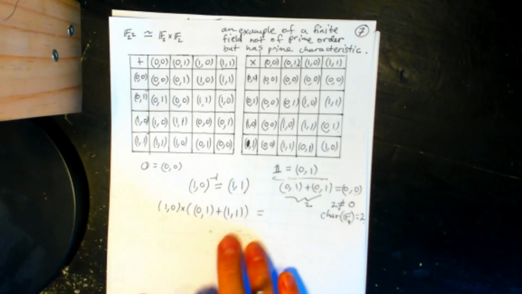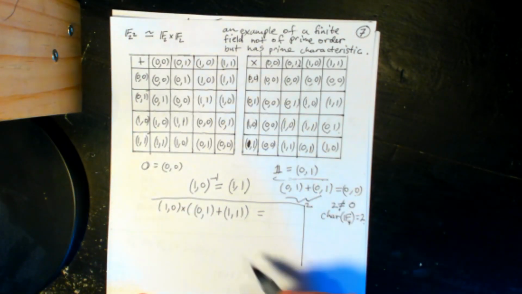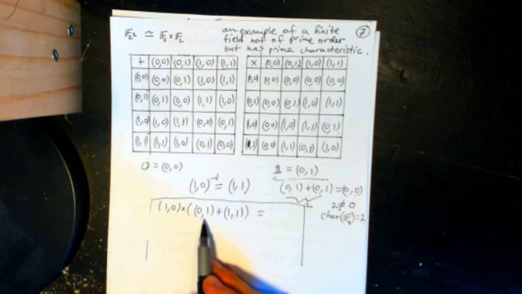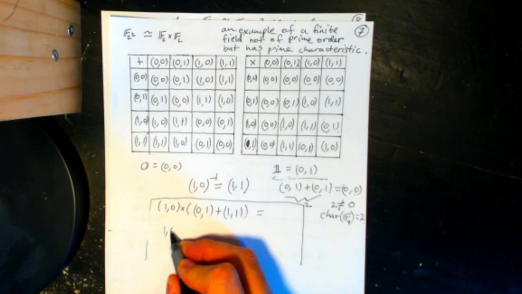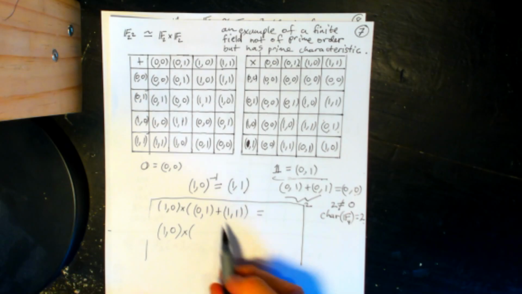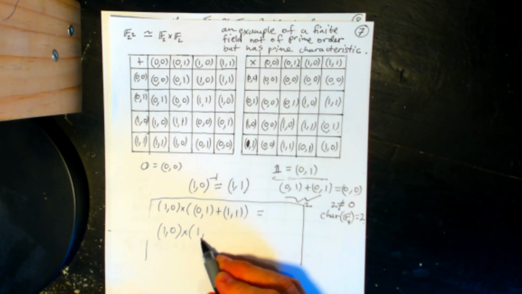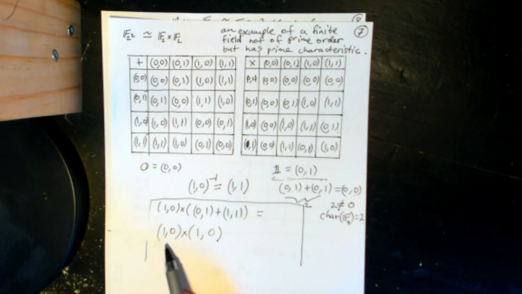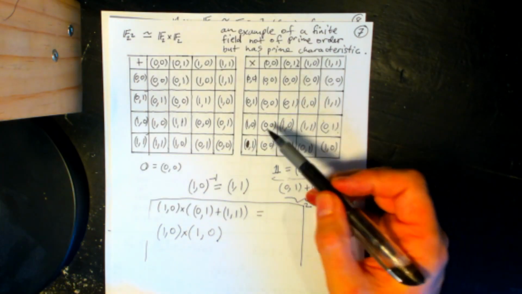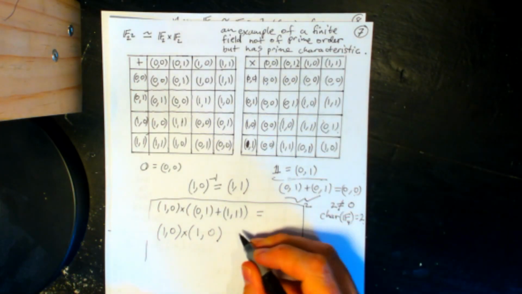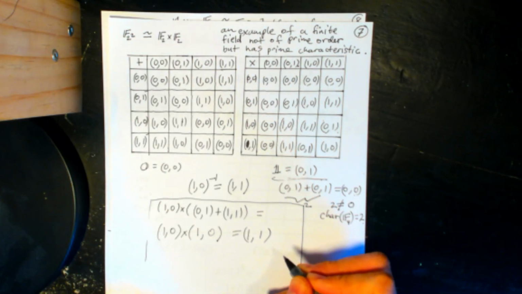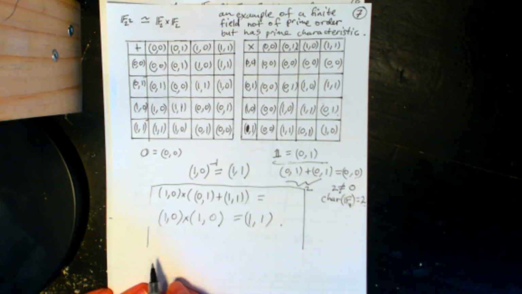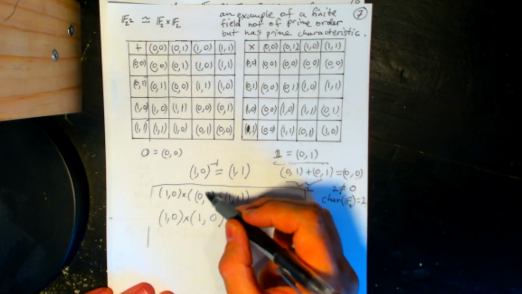Okay, but here I want to point out that multiplication distributes over addition. So let's just do this. If we add these first, we have 1, 0 times, adding these, we have 1, 1 plus 1 gives 0. Now if we look in our multiplication table here, 1, 0 times 1, 0 is 1, 1. Okay, and now the other way around, distributing this over addition.